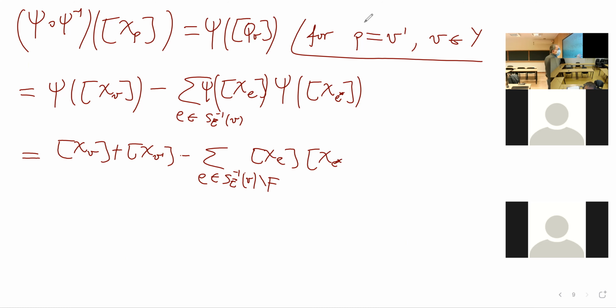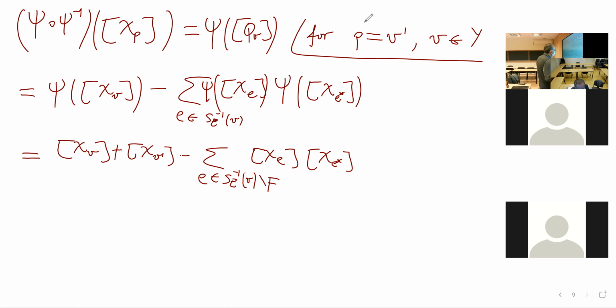E star. And of course, it's understood. This is the use of notation I already told you about. This square bracket is different from that square bracket. That's the equivalence class in the Cohn path algebra, and this is in the Leavitt path algebra. So that's a different story.